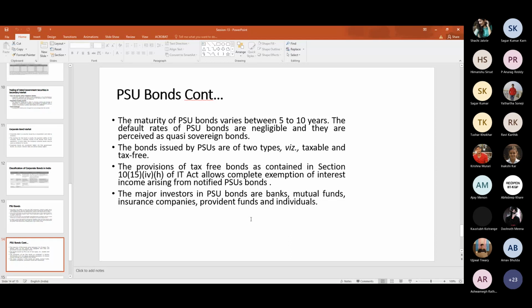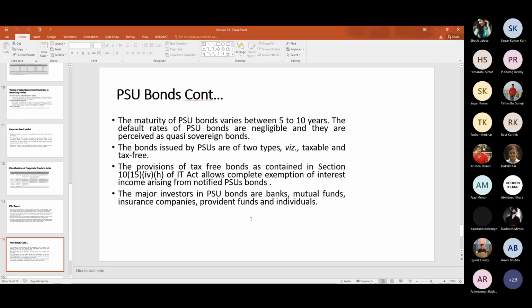The major investors in PSU bonds are banks, mutual funds, insurance companies, provident funds, and individuals. Individuals also largely invest in this kind of PSU bonds.